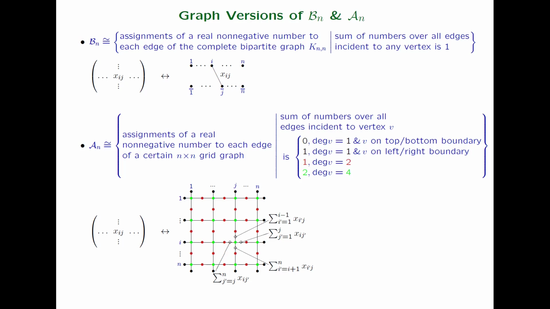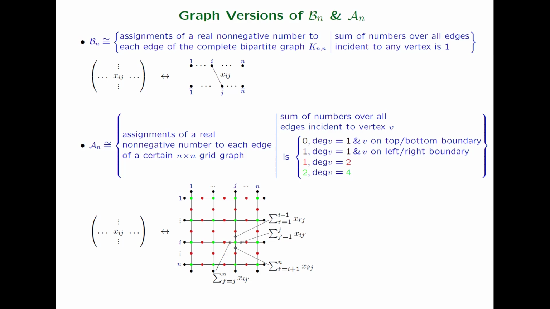In order to bulldoze A_n into a graph type polytope, we have to work a little bit harder. But the ideas behind this have certainly been percolating throughout the week. We've seen n by n grids of this shape many times. We may not have seen them with quite so many vertices on them.